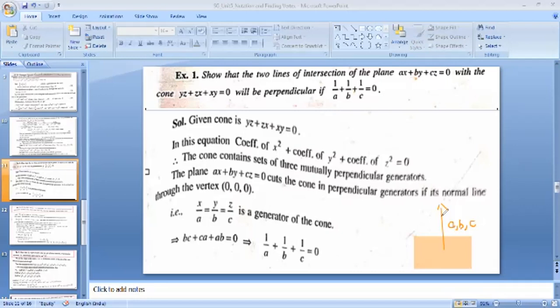The generator is given by x by A, y by B, z by C. This is the generator of the cone.